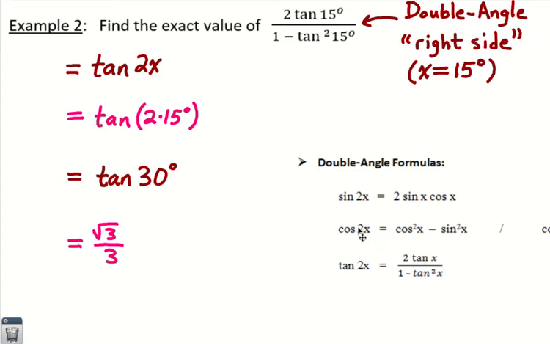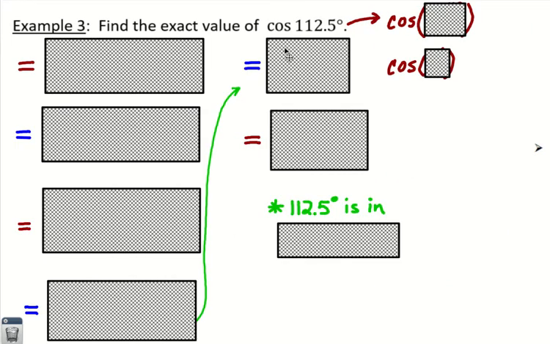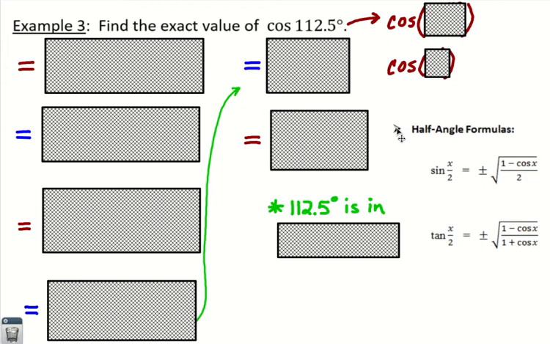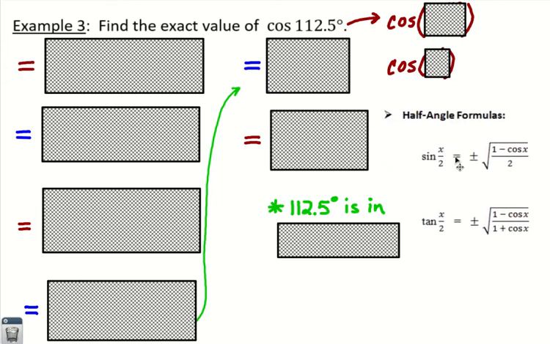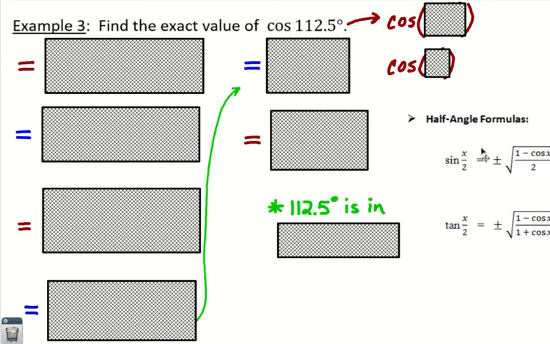So could we rewrite 112.5 as 2 times something? Wouldn't it be like 2 times 56.25? No. But what if we look at the half angle formulas?